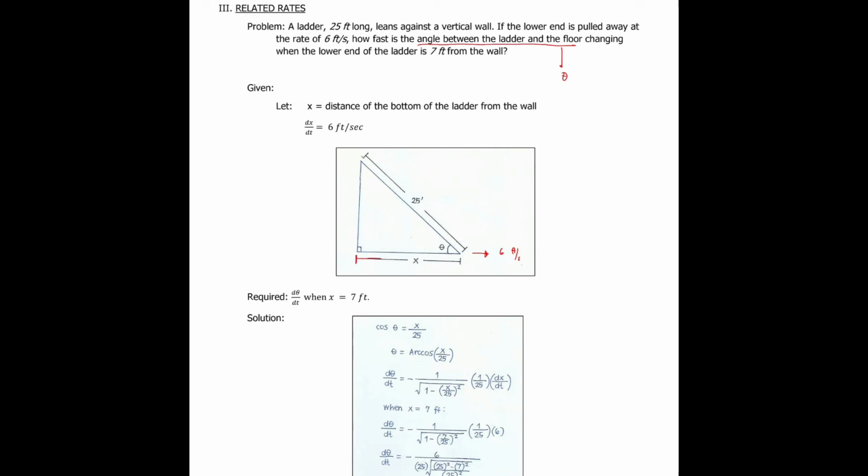When x is 7 feet, which is the distance of the lower end from the wall, this is the specific point in time where we need to solve for the rate of change of the angle. This is the topic of our recent class, called related rates, because when this changes, definitely this one will also change.